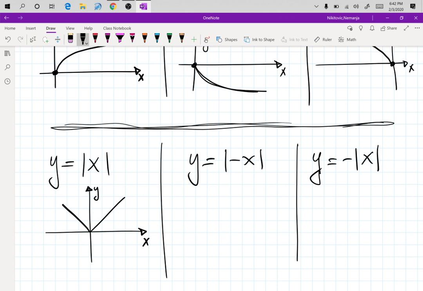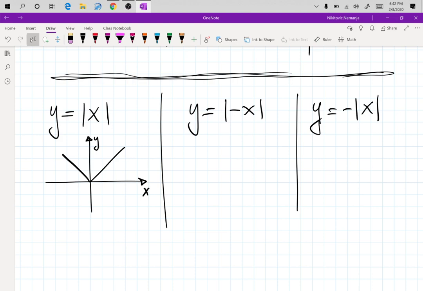What is happening on the next one? Just like the same thing. Exactly. Very good. It's exactly the same thing, because the absolute value will just kill that negative. So the graph won't change at all. Same as the previous one.